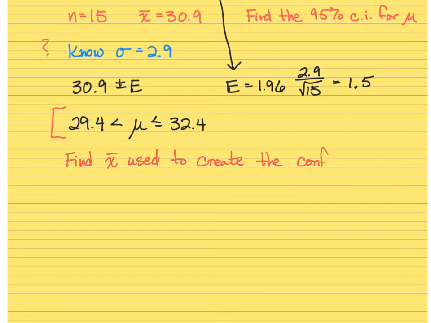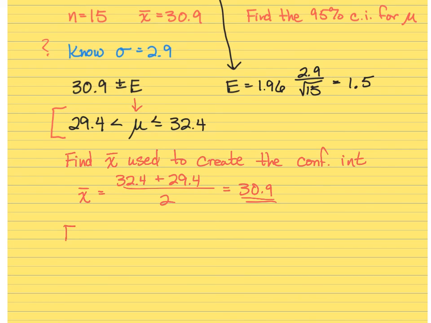Well, you just need to find the number that's exactly in the middle of the confidence interval. The book gives us a formula: it's simply the upper limit plus the lower limit divided by 2. Of course, if you do that, you're going to get 30.9. We knew that beforehand, but there we go.